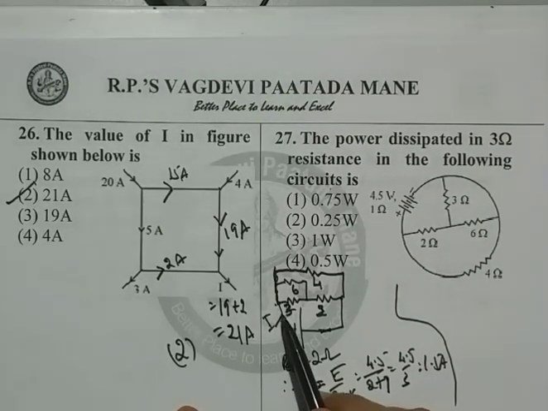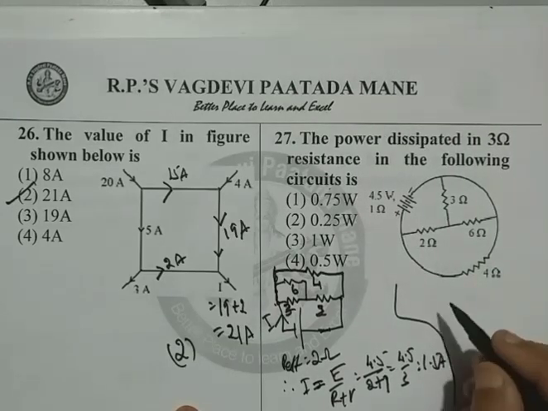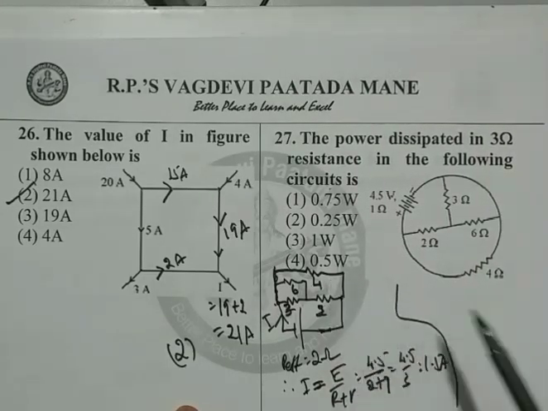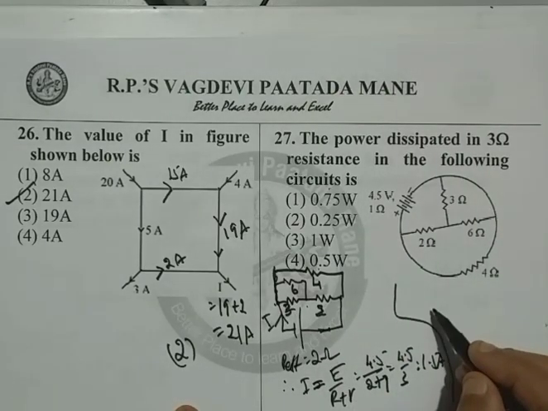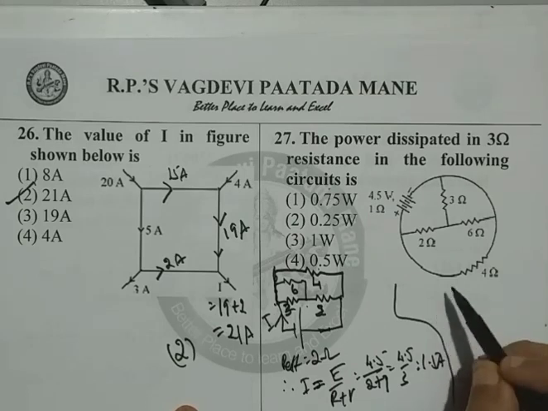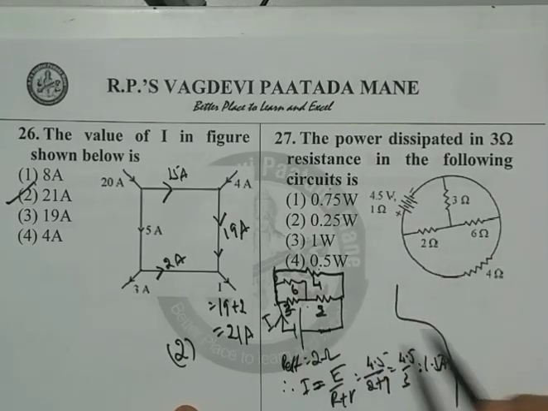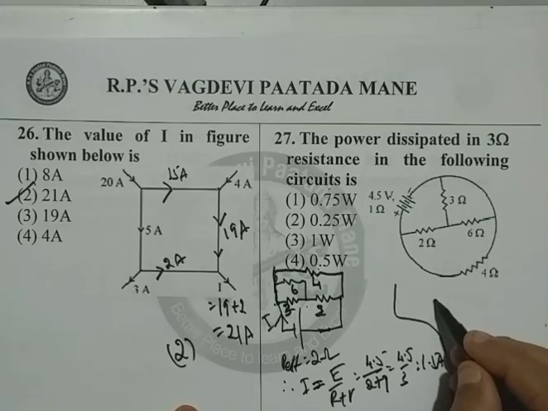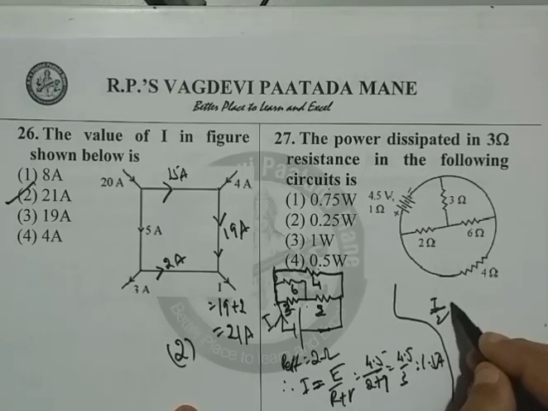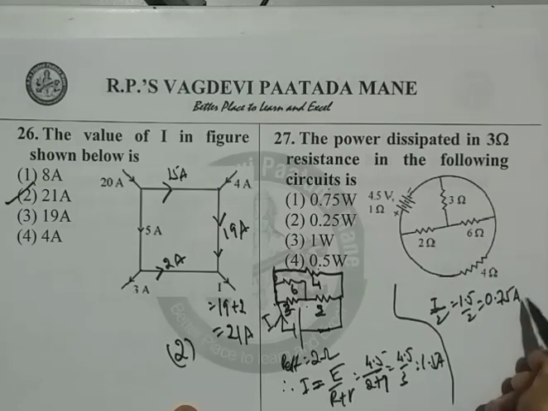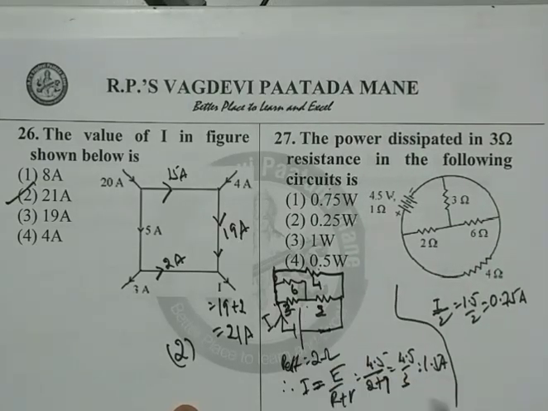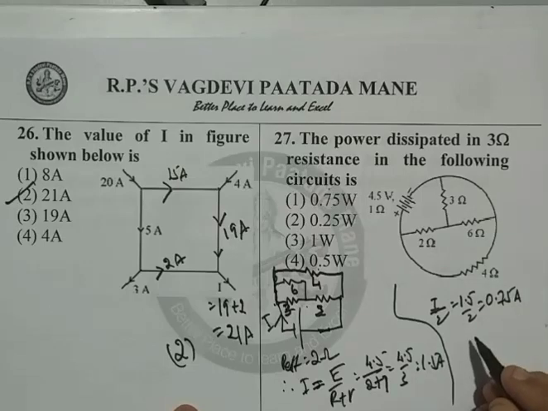Now, this 1.5 splits into 2 equal currents as 4 and 4 are in 2 equal branches. Therefore, current through the 6, 3 and 2 branch is half of this, I by 2, that is 1.5 by 2 is 0.75 ampere. Therefore, in 6 and 3, 0.75 ampere is flowing.